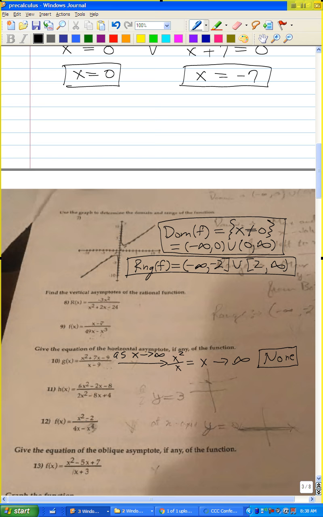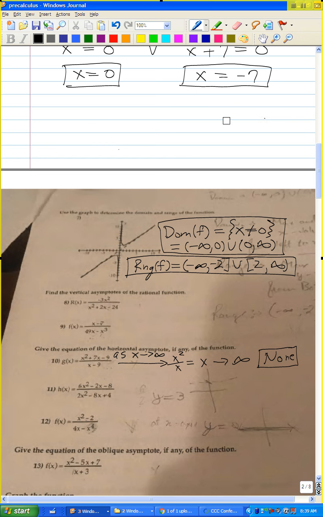It doesn't approach a value. That's what it means to be a horizontal asymptote. So for a horizontal asymptote, the question is, what happens for values of y as x gets large? Actually, plus or minus infinity, but in this case, I just had to look at plus infinity.